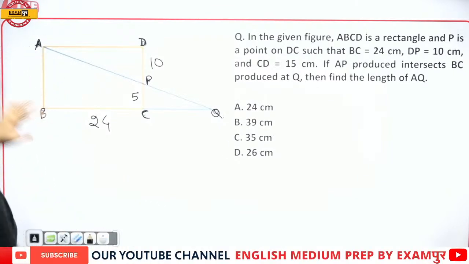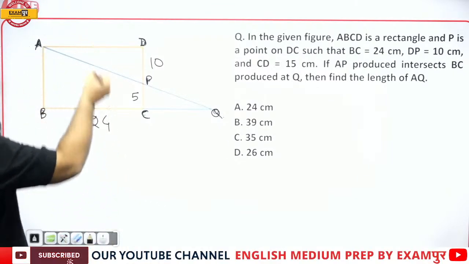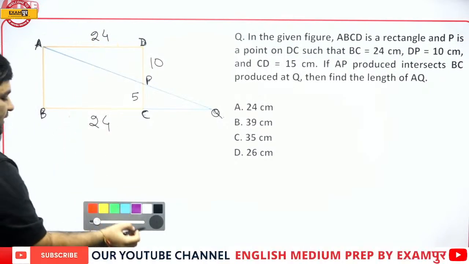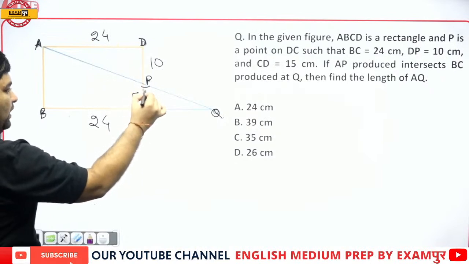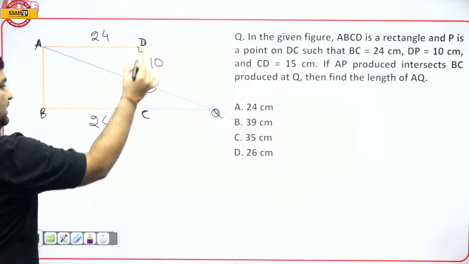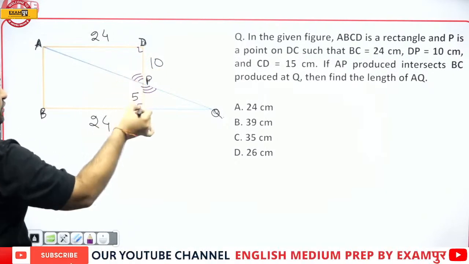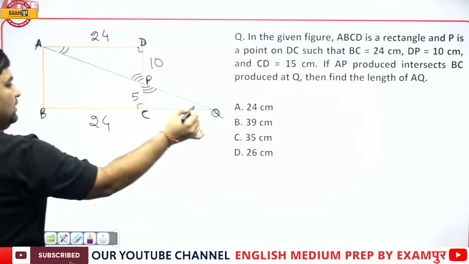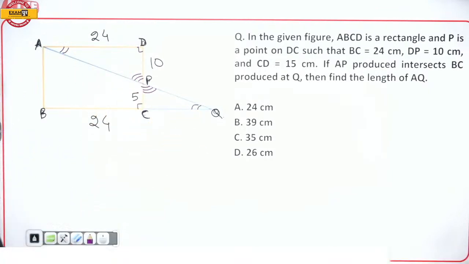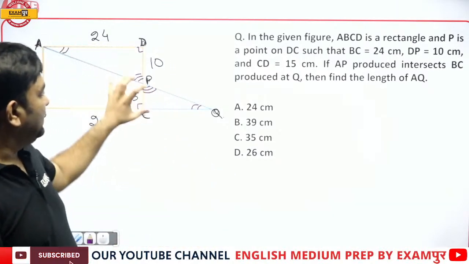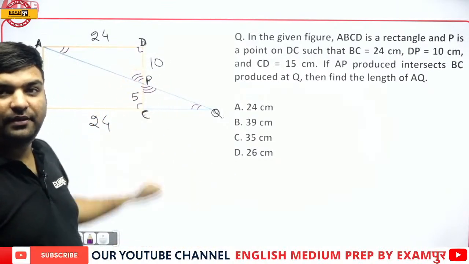In a rectangle, opposite sides are equal, so 24. The vertically opposite angles are 90 degrees. If two angles are equal, the third is automatically equal. Can I say these two triangles are similar?